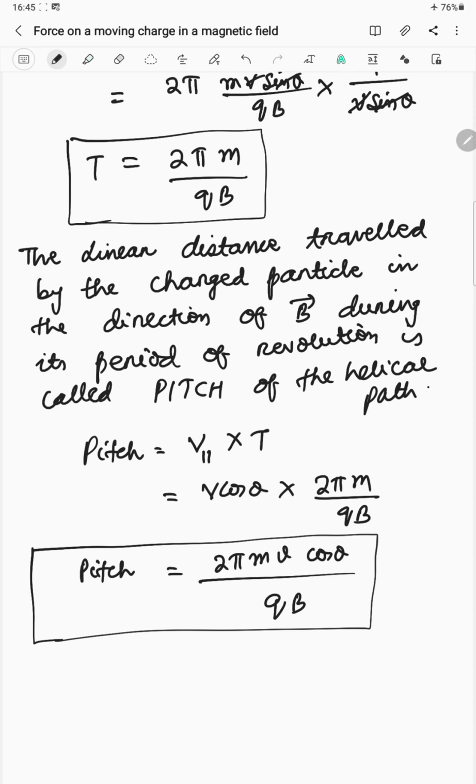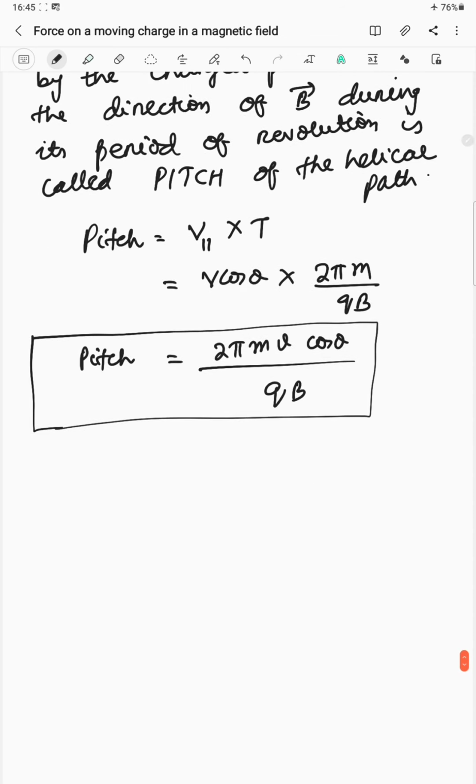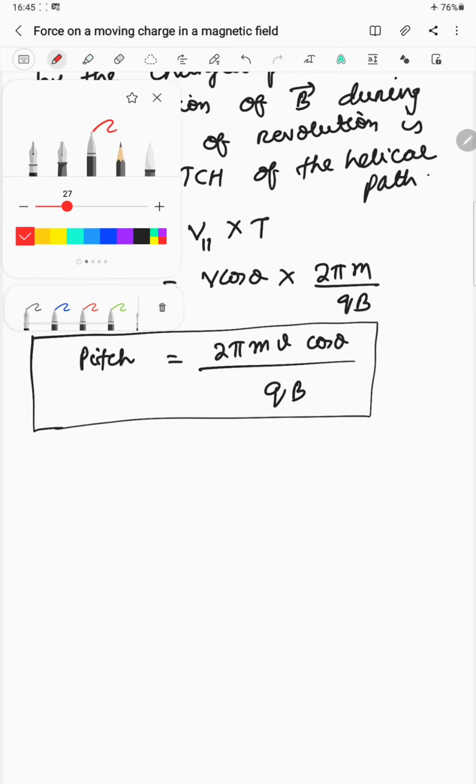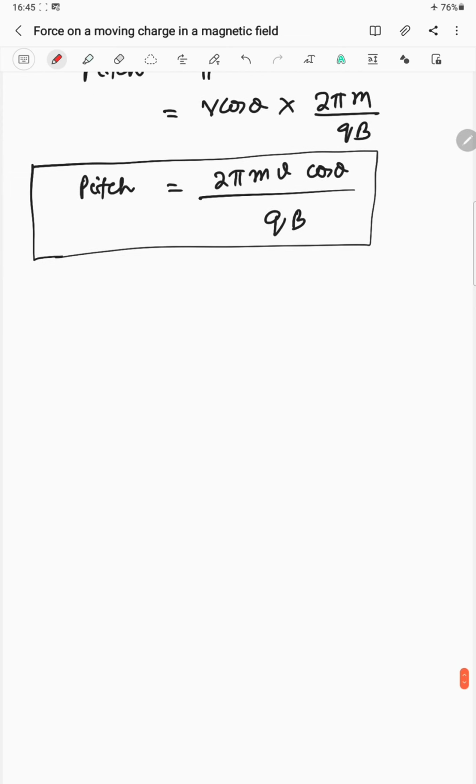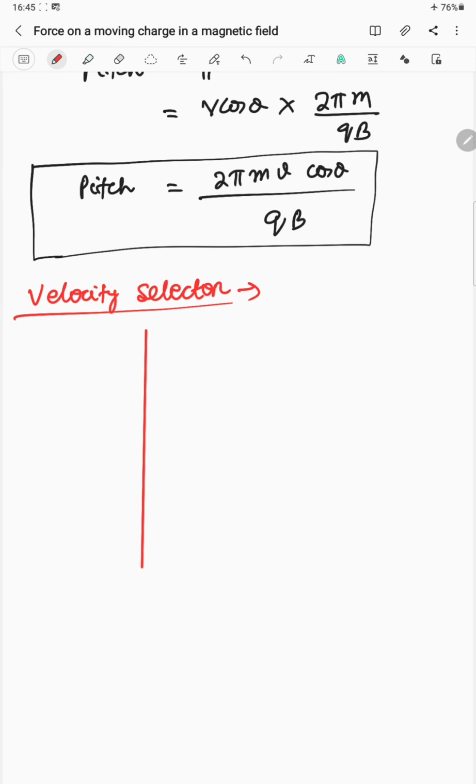Now today's last thing which we are going to study is your velocity selector. That is required for our next class when we will start with cyclotron. So let us try to understand what is a velocity selector. In this velocity selector, I will again take the help of a coordinate system x, y and z.